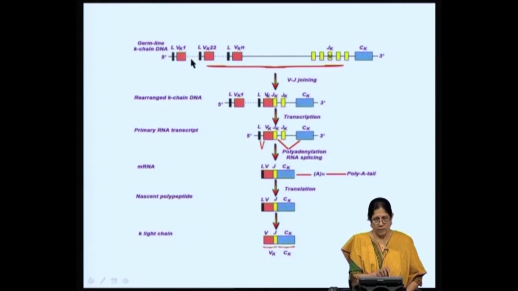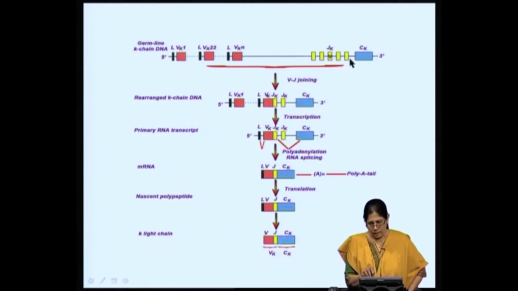As you can see, there are two sets of sequences here in the variable domain, one shown in red here, which is called VK, variable kappa. There are three segments shown here, VK1, VK2, VK3.